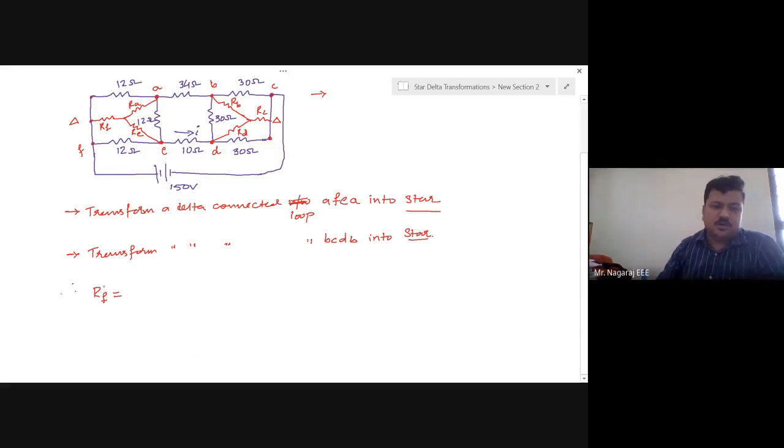What I told, when I am converting from delta to star, I should see what resistors are connected to a terminal, take multiplication of those two resistors divided by sum of all resistors. So RF is equals to, I will write the formula only in terms of RFA and RFE.